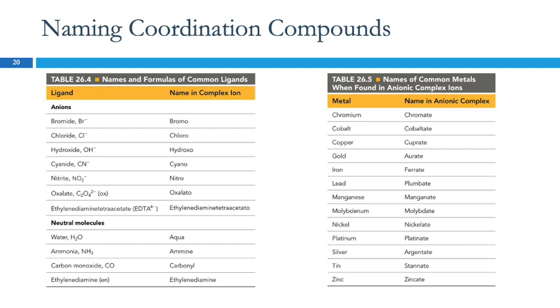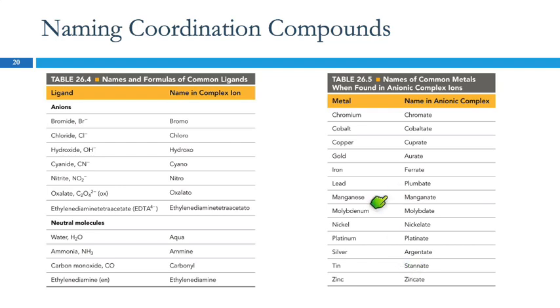These are tables that you may need to refer to as you're doing homework or that take-home exam. So common ligands here: these are anions, these are neutral molecules. And then the metals, these are the ones that have kind of funky names.